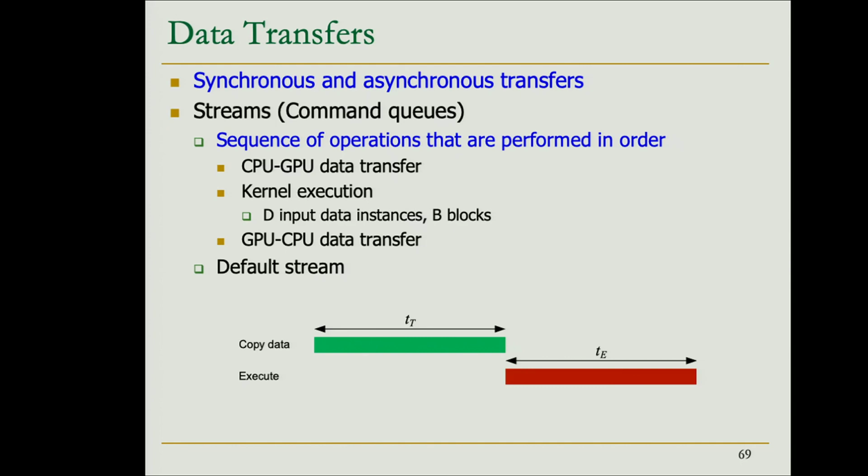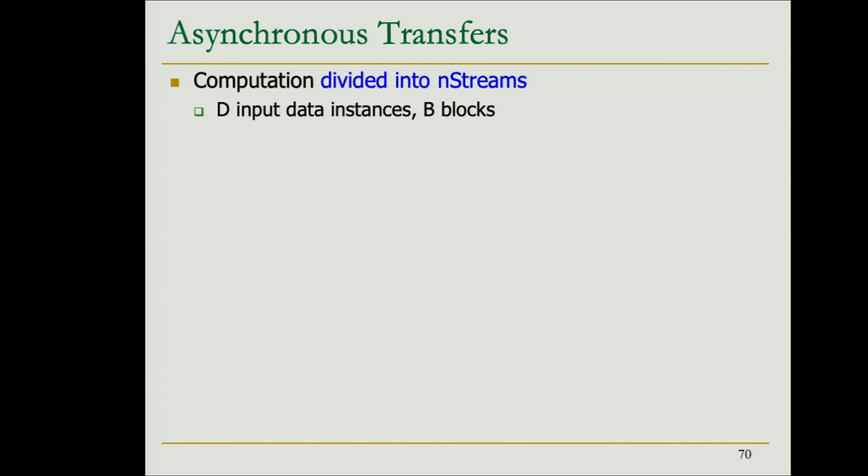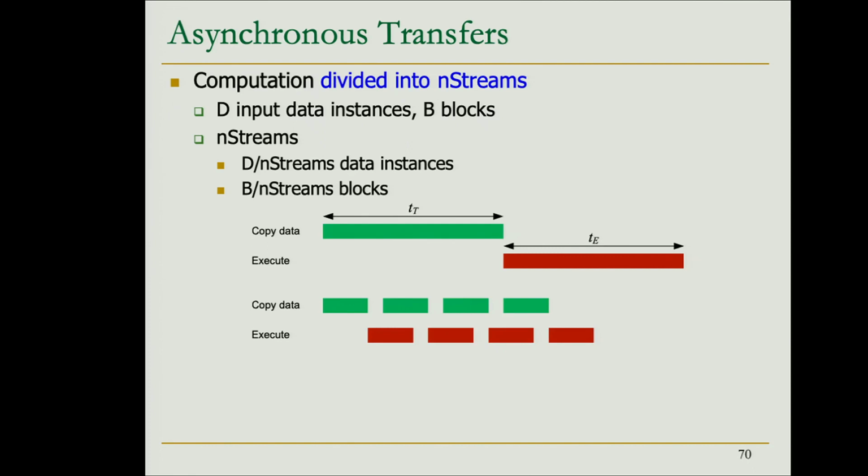For example, as I have transferred some rows of matrix A and some columns of matrix B, I could start the computation of these dot products and compute some of the elements, right? So what we can do is divide the computation into multiple streams such that they are independent. These two are one stream, they are in order, but independent of this stream, and this stream.